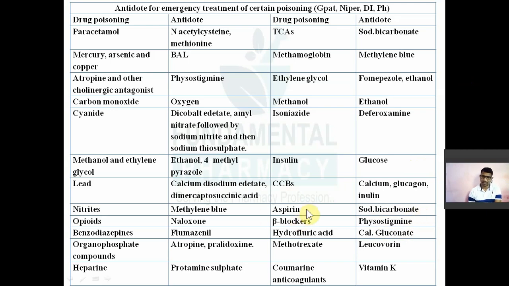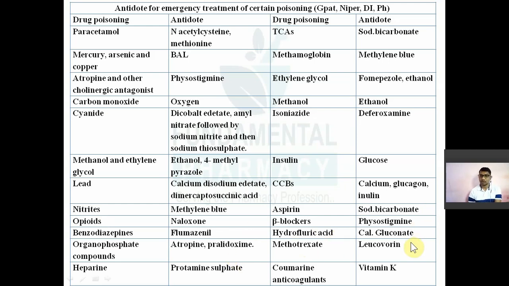Aspirin is a weak acid, and I told you in the last lecture, when we were discussing excretion, that excretion of a weak acid can be increased by alkalinization of urine. Excretion of a weak basic drug can be increased by acidification of urine. So that is why sodium bicarbonate is used as an antidote for aspirin.